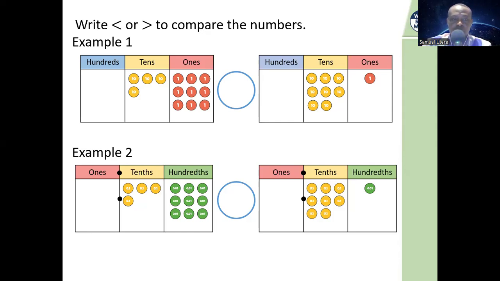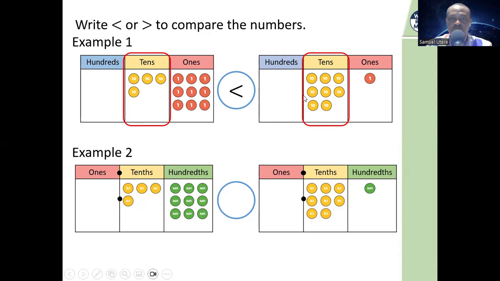So for the first example, remember, we've done this before. To compare the numbers, you always start by looking at the greatest or the highest place value position of the numbers. If we do that now, we'll see that there is nothing in the hundreds. We can now move on to the tens. We can see that we have 8 counters here, whereas we have 4 counters there.